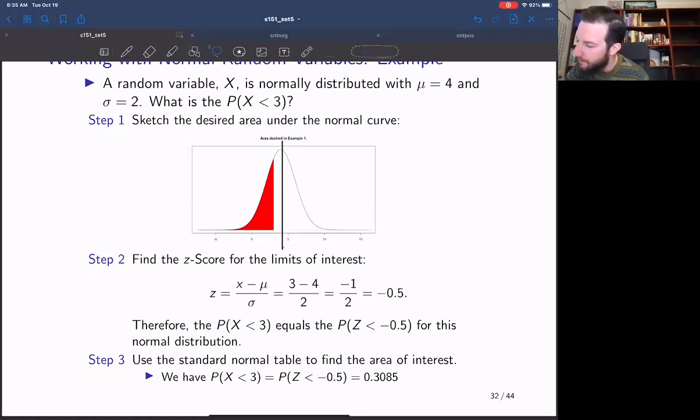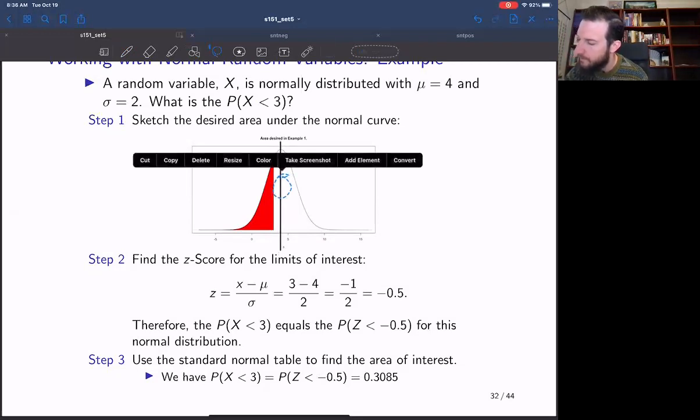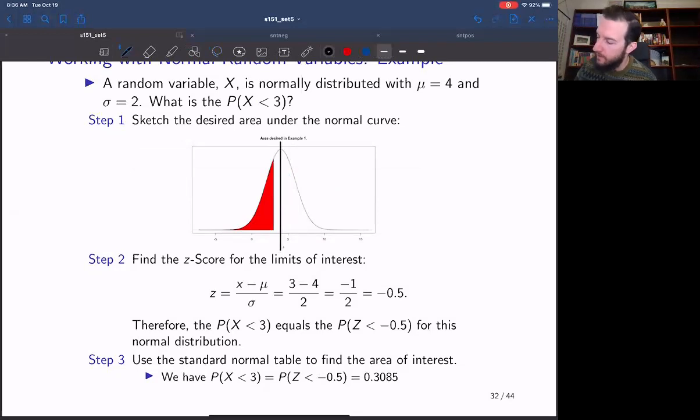Instead of being centered at 0 now, we are centered at 4. And the standard deviation is equal to 2. So if we were to compare this to a distribution with a standard deviation of 1, we just have slightly bigger tails and a lower peak.